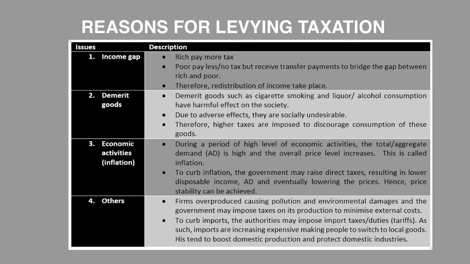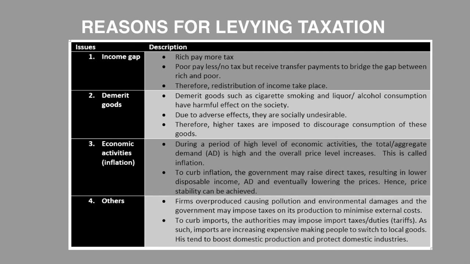This may reduce people's disposable income. As people have lesser disposable income, lesser total demand or lesser aggregate demand will bring down the national output and the general price level.